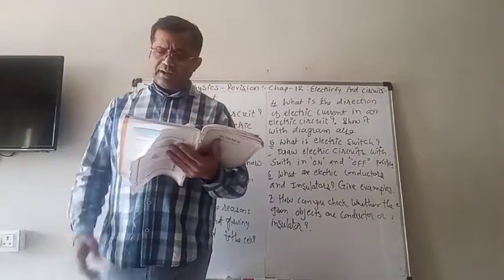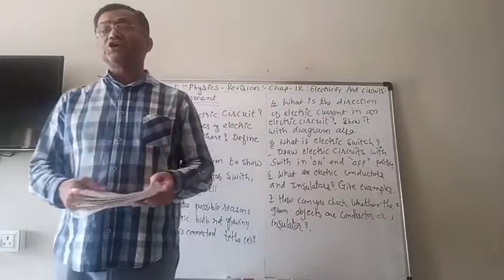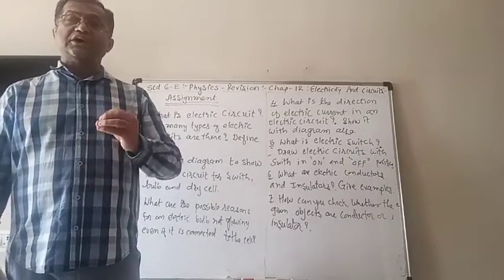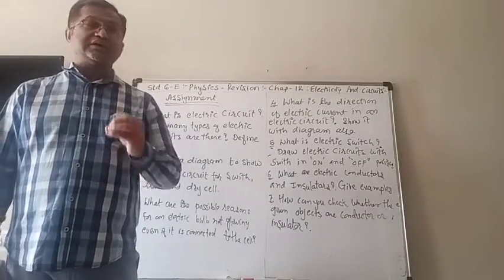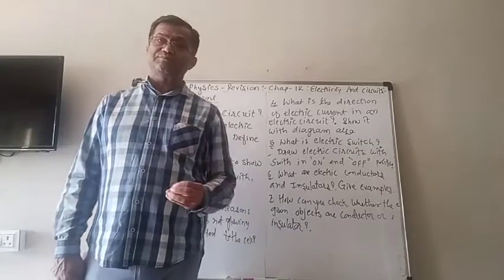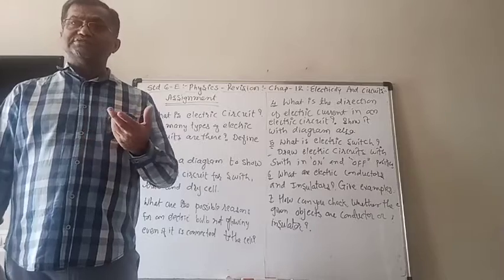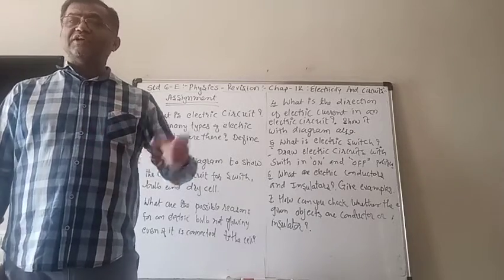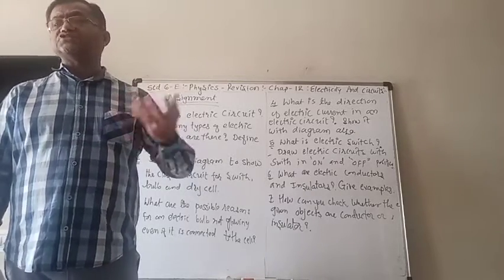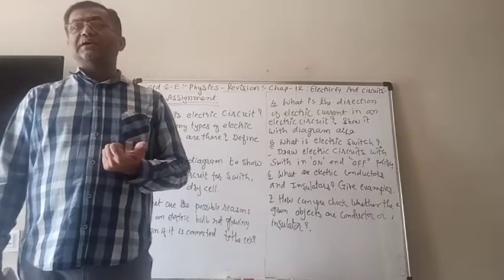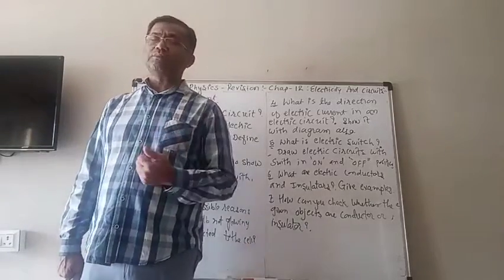Some other materials do not allow the current to pass through them, and they are known as insulators, because the current will not pass, so the circuit is not completed and therefore the bulb will not glow.